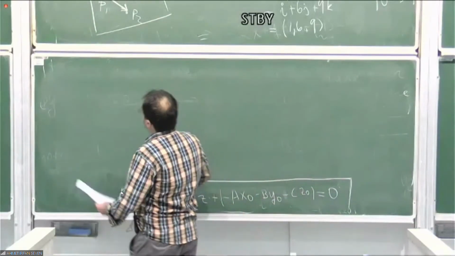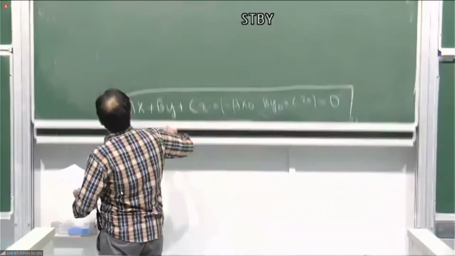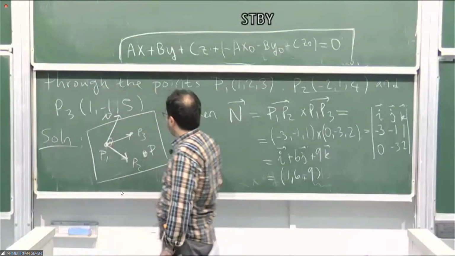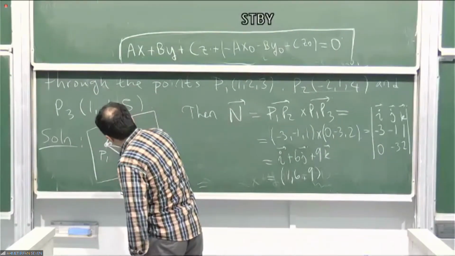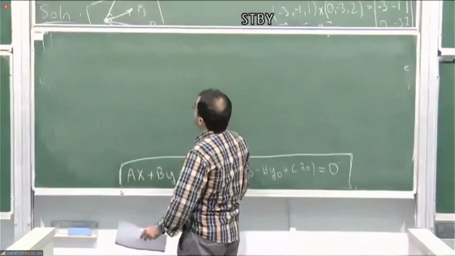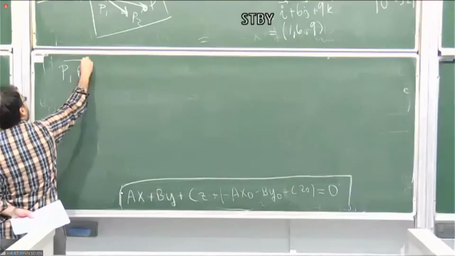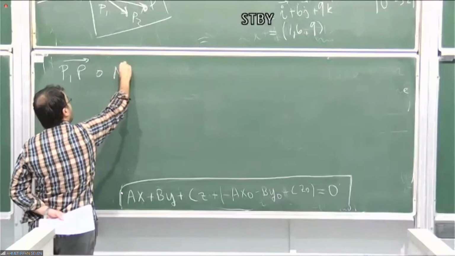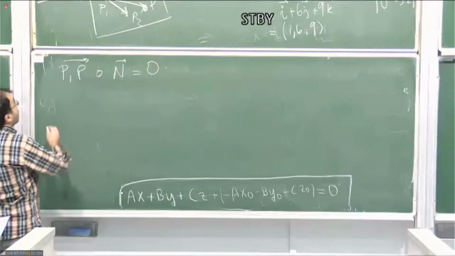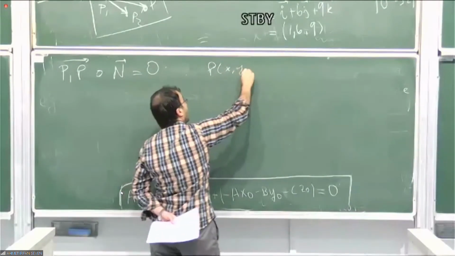Okay, so again, let's consider this typical point P, and I want to write the equation. So I can use this point P1. So let's compute P1P, for example, dot n equals 0, where P is a typical point x, y, z on the plane.